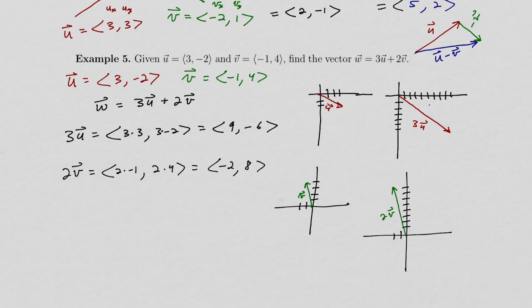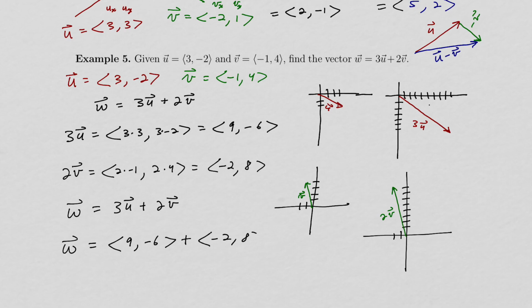Okay, so now what I really want is w, which is 3u plus 2v. So I already know what 3u is, right? I have that in terms of its components. It's 9, comma, negative 6. And when I add 2v, I already have that answer in terms of its components, negative 2, 8.